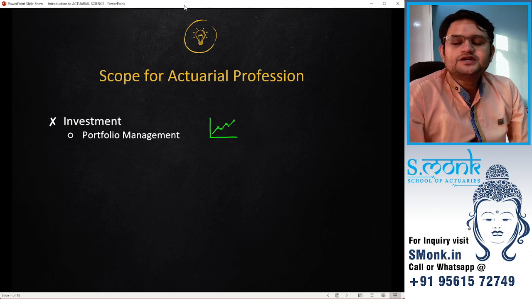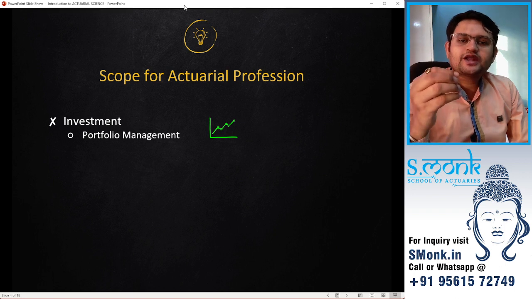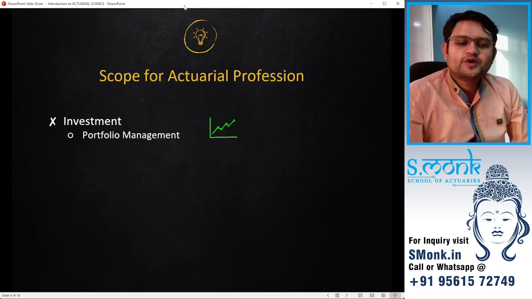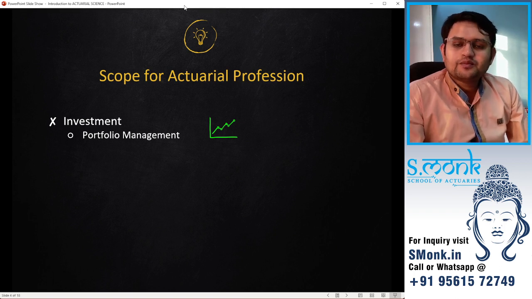So you might hire somebody else to manage your portfolio. They'll buy different stocks, trying to figure out how risky each stock is. That would be called portfolio management. That can be done for a company, that can be done for individuals. Usually when we say portfolio management, we are talking about a company.